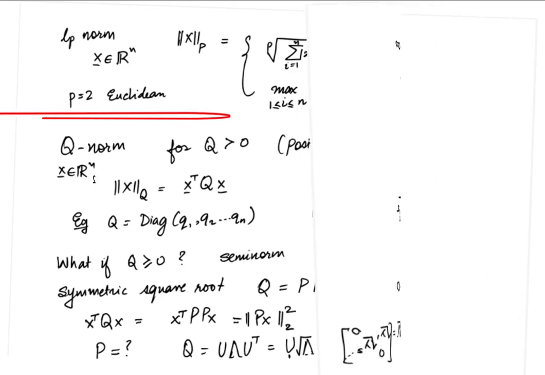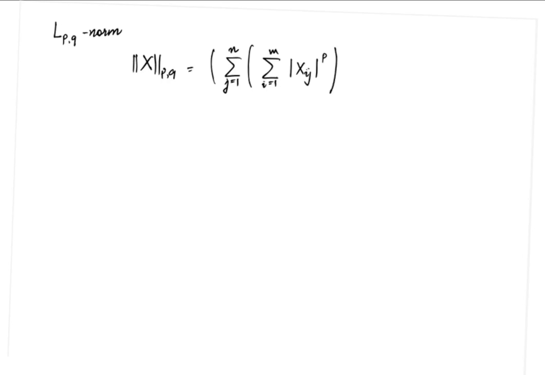The LPQ norm for M cross N matrix X is defined as follows. If you observe closely, you can see that this norm entails taking the LP norm of each column of X, forming an n cross 1 vector out of the resulting values, and then taking the LQ norm of the resulting vector.